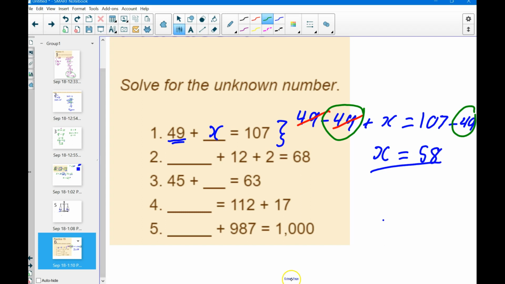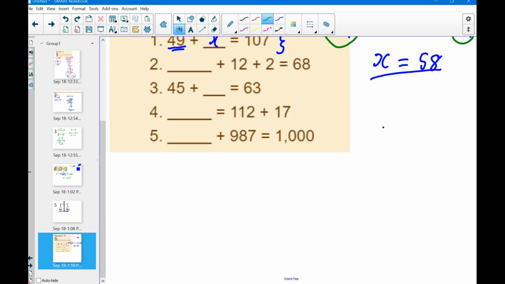Next one's a little bit trickier. Doing good. So looking at the next one, we'll do it slowly. We have a blank here plus 12 plus 2 equals 68.